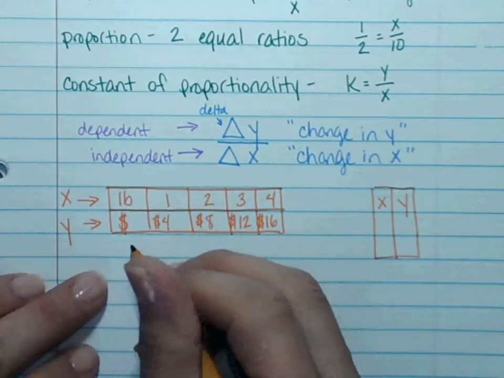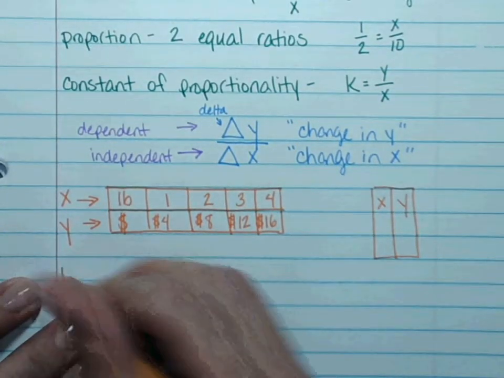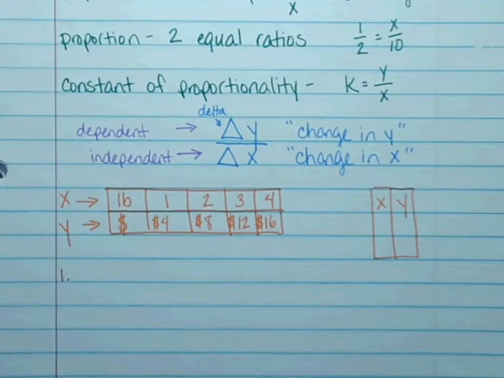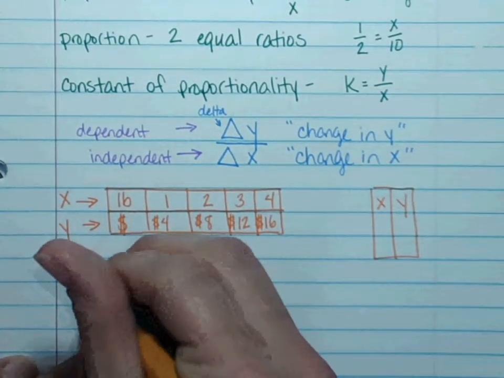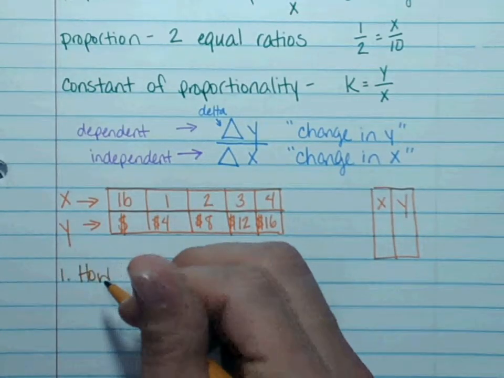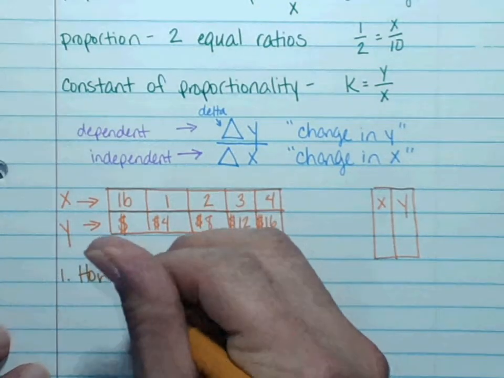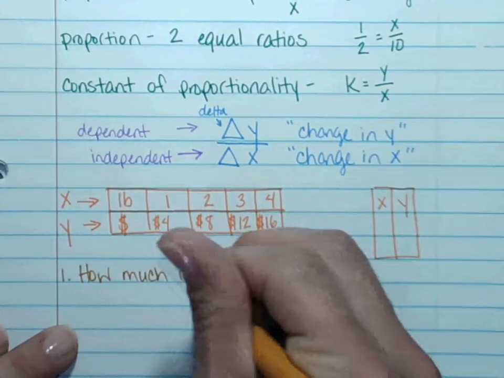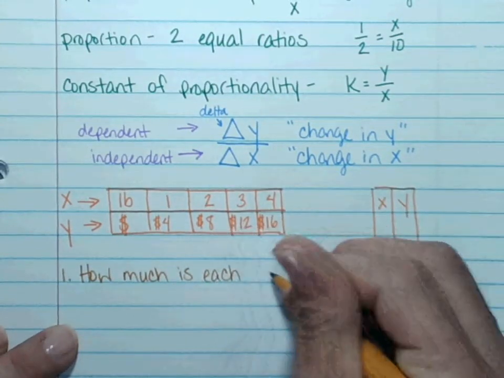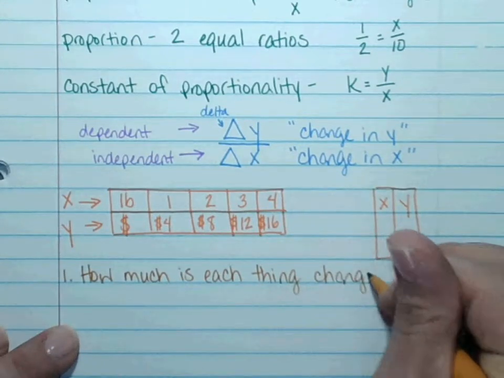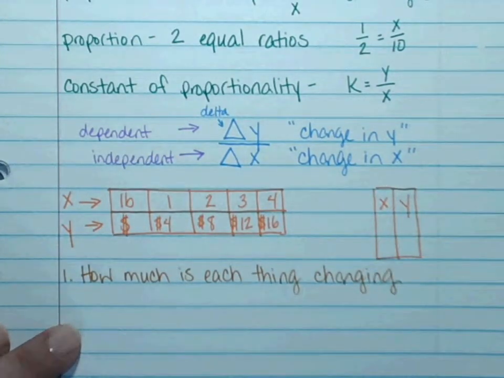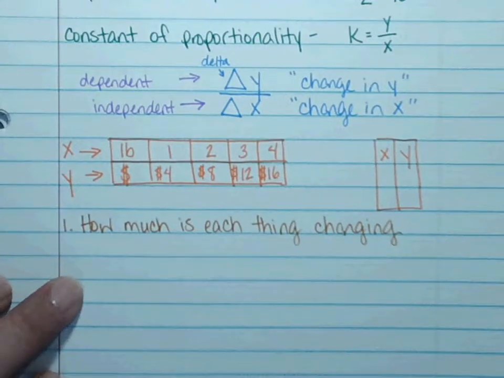Alright. So, step 1, to figure all this out, you have to find out how much is each thing changing? And by changing, I mean subtraction.